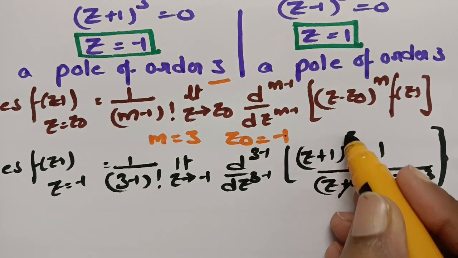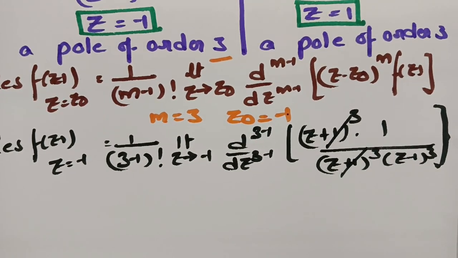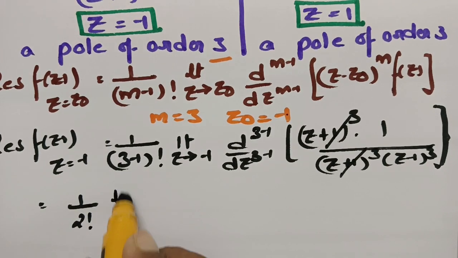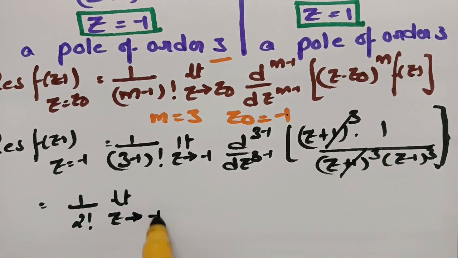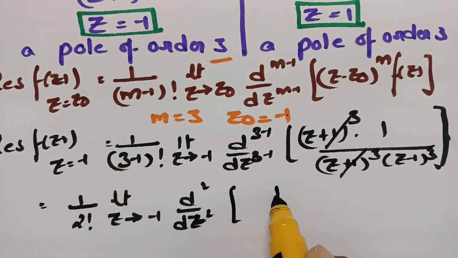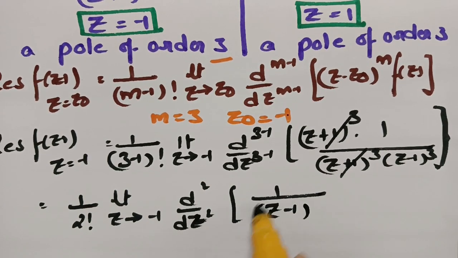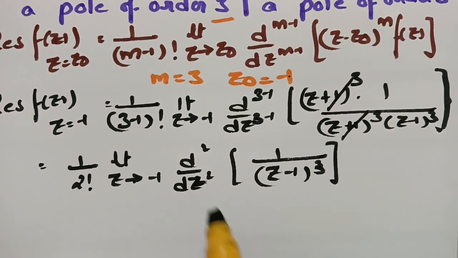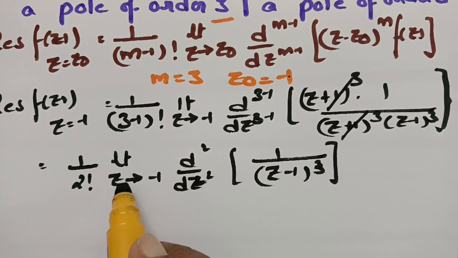If I cancel this, that is 1 by 2 factorial into limit z tends to minus 1 of d by dz square of 1 by (z minus 1) whole cube. So we have to make derivatives two times, and then substitute z as minus 1.